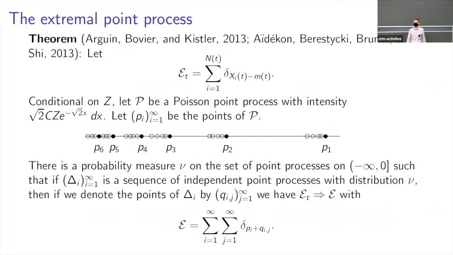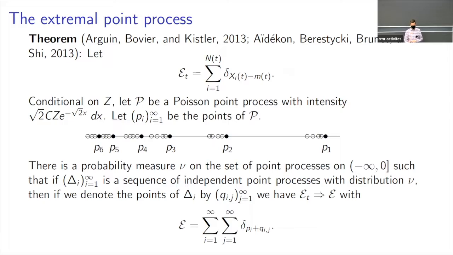And then finally, in 2013, two groups of researchers, Arguin, Bovier, and Kistler, and Aïdékon, Berestycki, Brunet, and Shi, obtained a much more precise picture of what the branching Brownian motion looks like near the rightmost particle. So they defined this random point measure ψ_t.